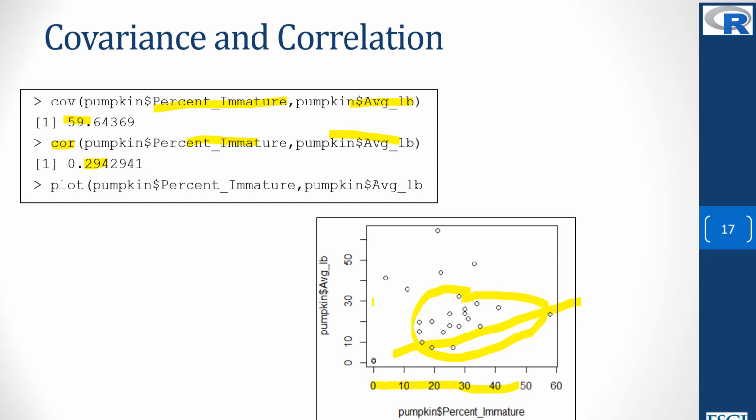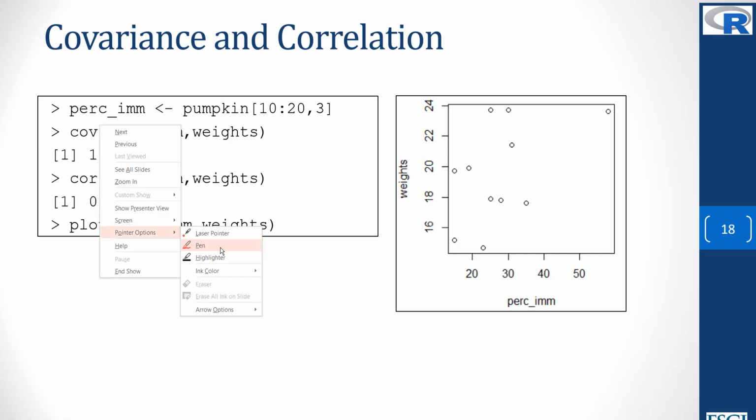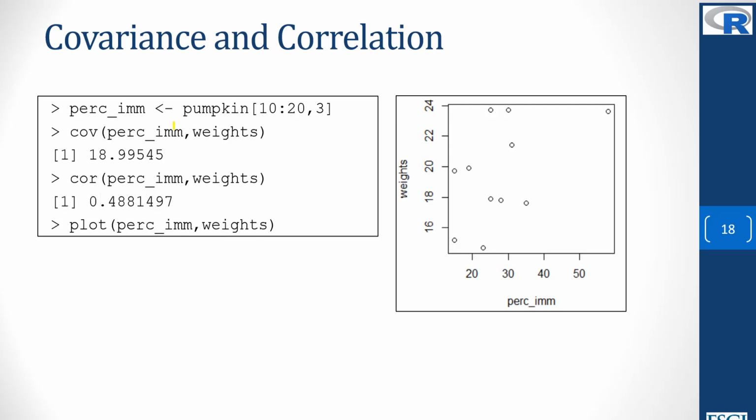It's not really precise, and so we look at the numeric value to give us a better indication of the strength of that relationship versus trying to interpolate lines through a set of points. Now, if I run the covariance and correlation functions on a subset of our data, in particular the medium pumpkin category size, we see that the relationship increases a little bit because the subset of data is not as dispersed as the full data set.